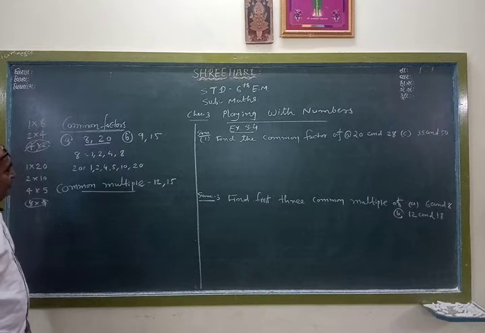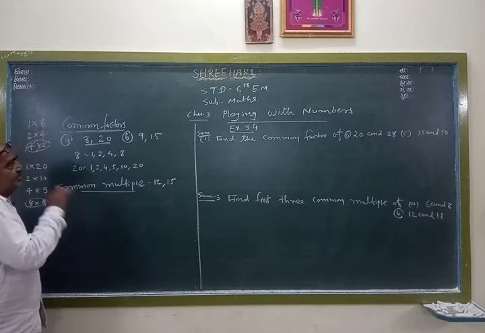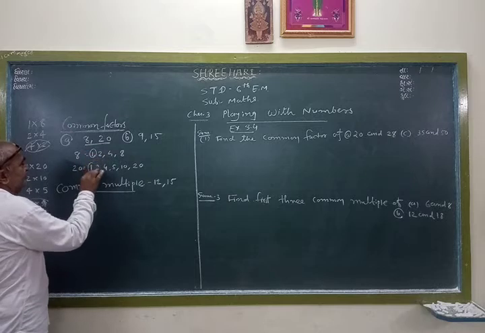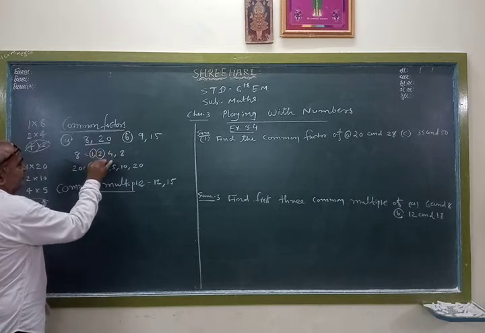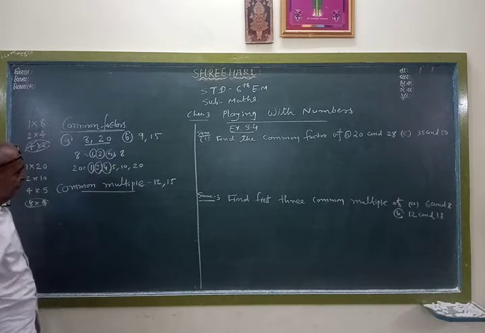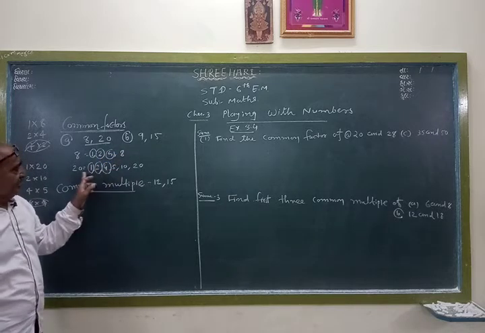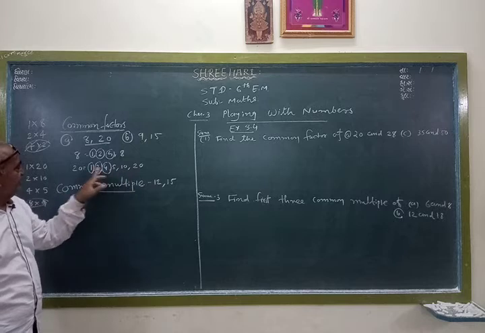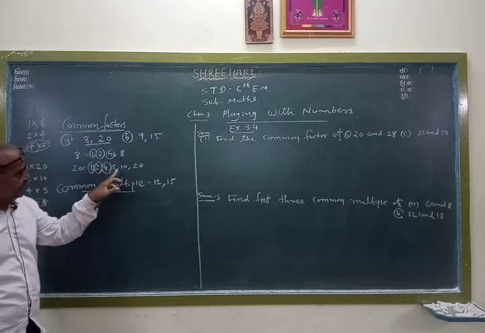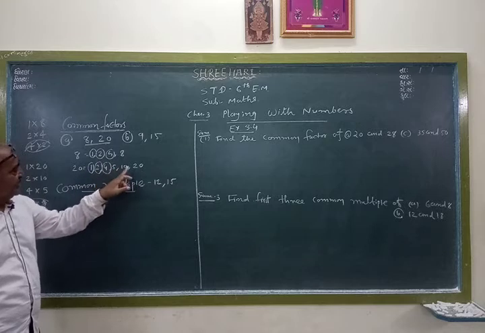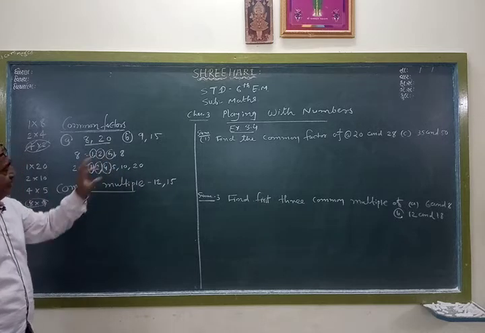But which digits are the same in both? 1 is the same, 2 is the same, 4 is the same. Here 8, but there is no 8 in the factors of 20, and there is no 5, 10 and 20 in the factors of 8. So they are not common.